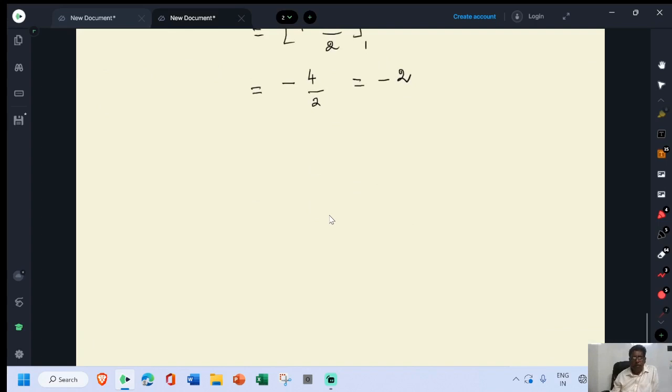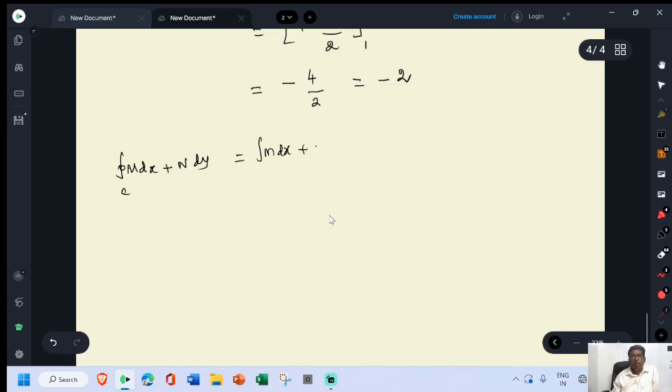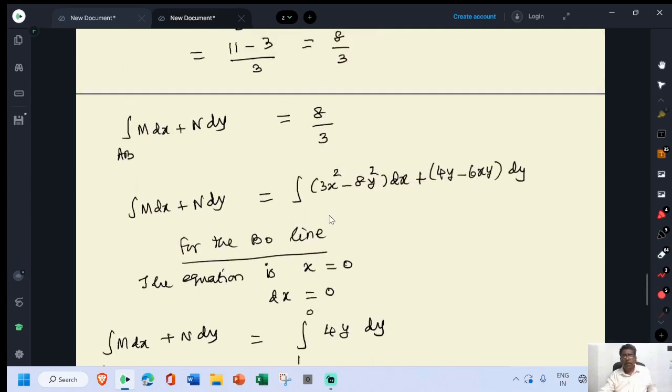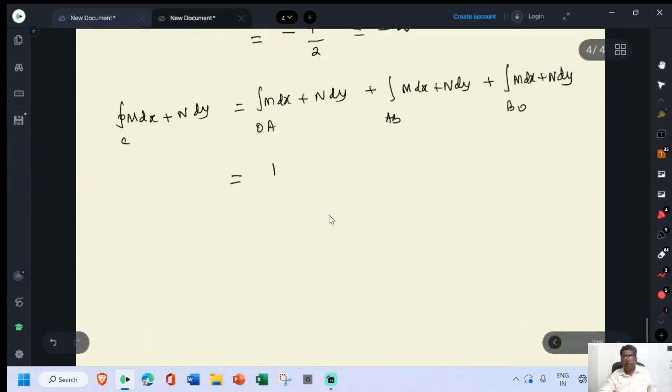Now sum up the entire m into dx plus n into dy over C, which is equal to the integral for OA plus the integral for AB plus the integral for BO. Substitute the first integral value, that is 1. Then the second integral is 8 by 3.